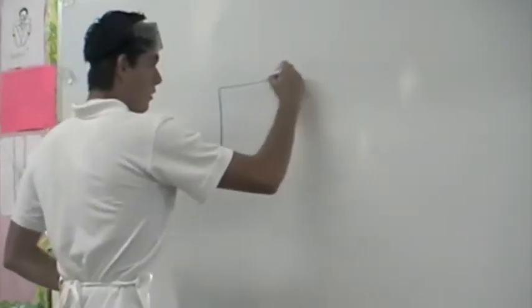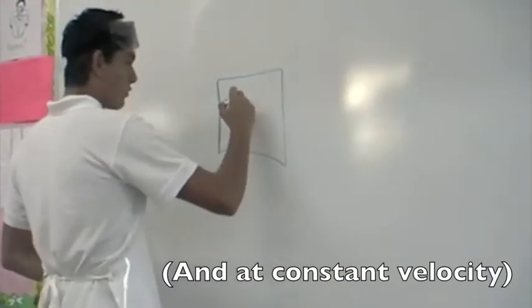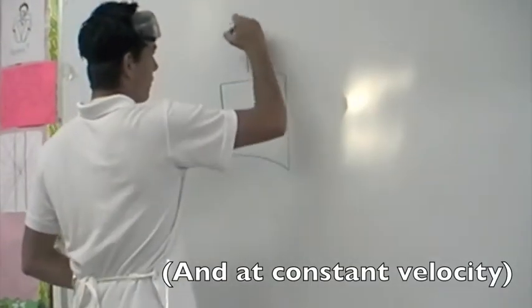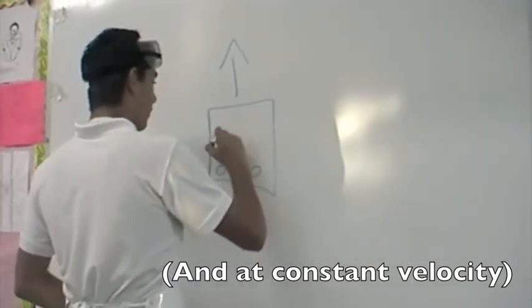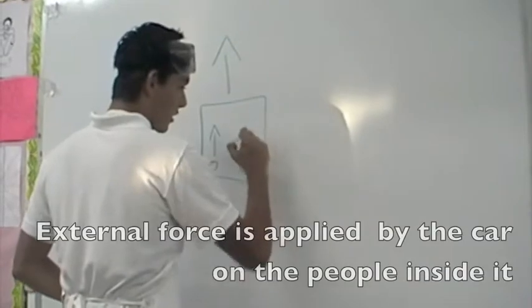Hi, this is Physics with Philip Zimbardo, and right now I'm going to explain the car experiment. When we were in the car, we were driving in a straight line, and there were 2 people at the back also driving in a straight line along with the car.